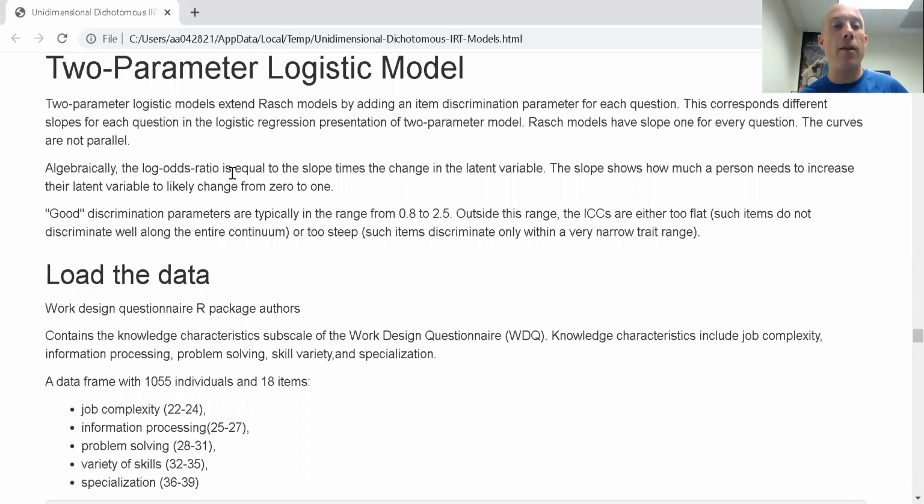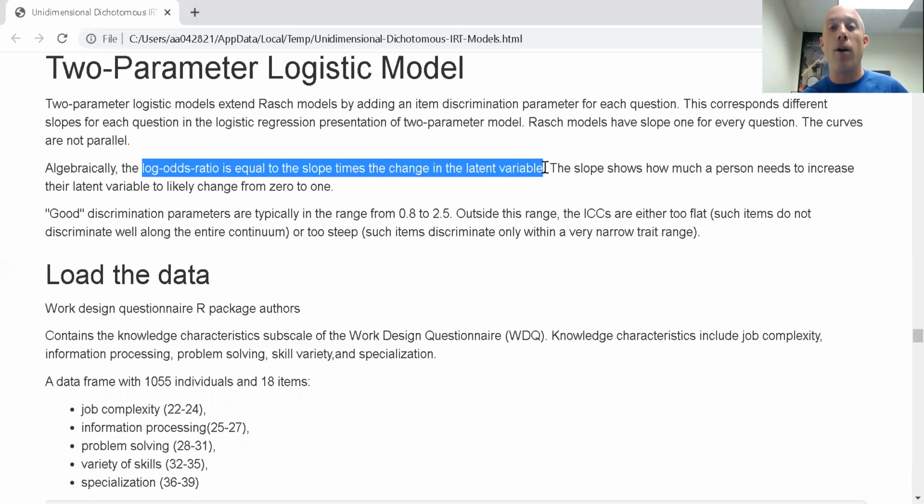All right, algebraically, the log odds ratio is equal to the slope times the change in the latent variable. So the slope, this discrimination, shows how much a person needs to increase their latent variable to change from 0 to 1 in terms of a probability statement.